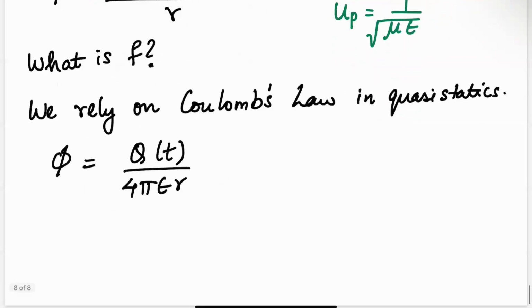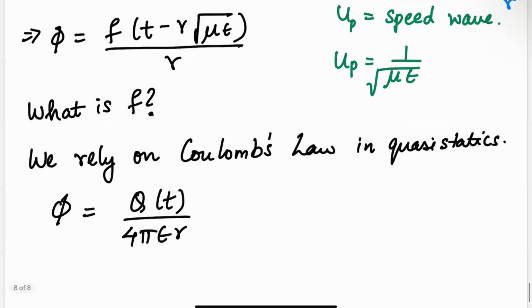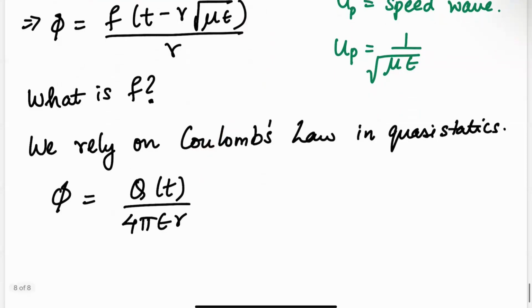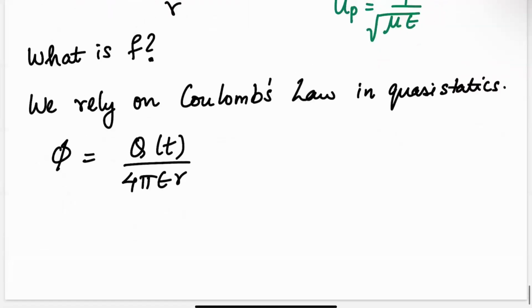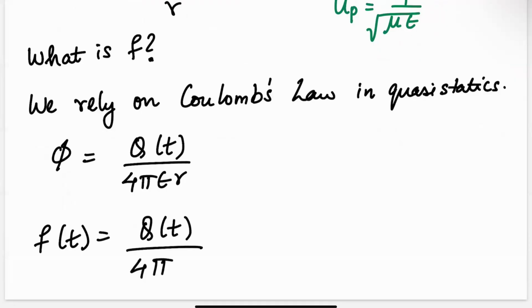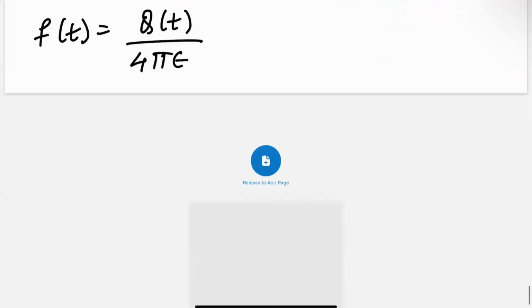Given a charge q, that's what the potential is, and here we have this term. Although Coulomb's law is for quasi-statics and we're treating a general wave equation, we can argue that they should be equal. And from that, we can say that f of t is nothing but q of t over 4 pi epsilon.